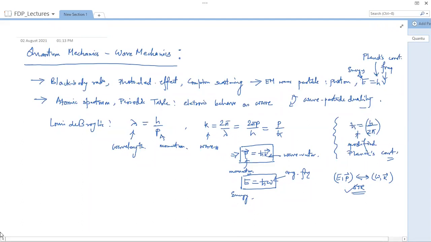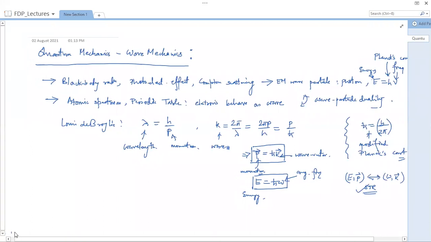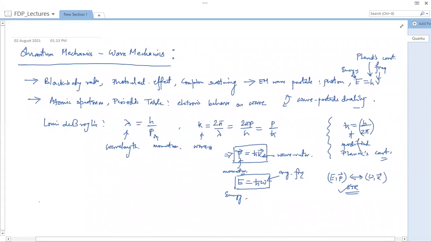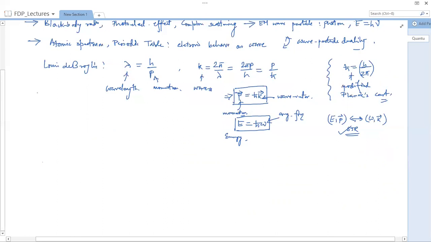Next, I'll talk about the Schrodinger equation. So that was de Broglie's wave hypothesis.